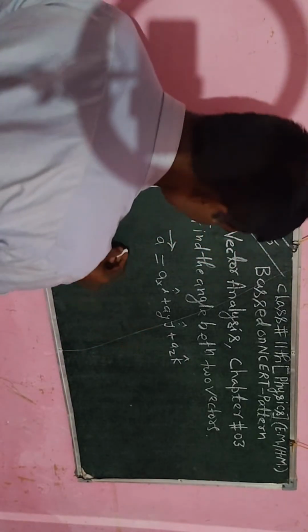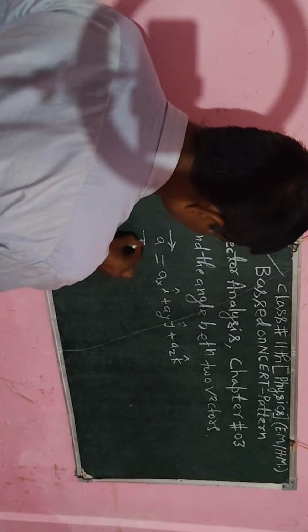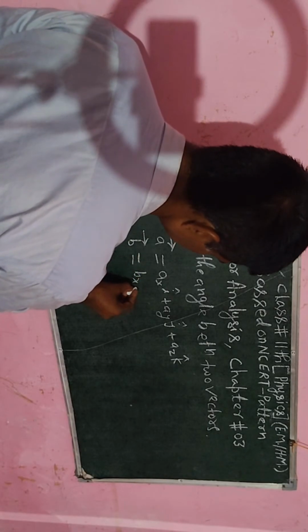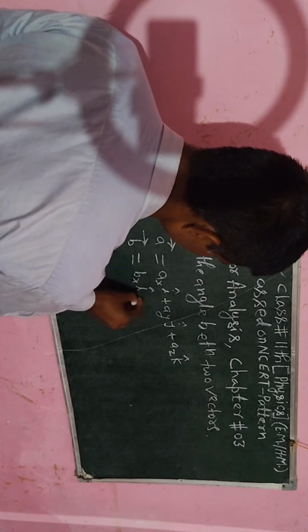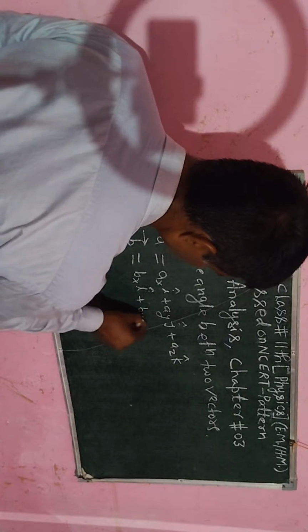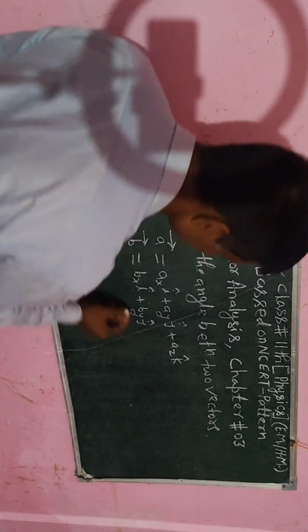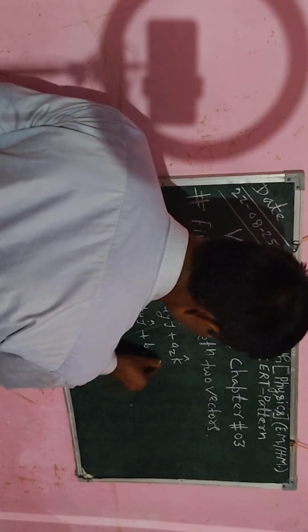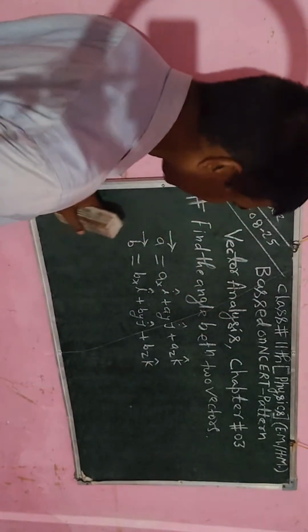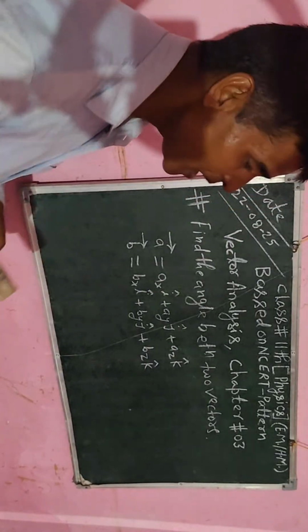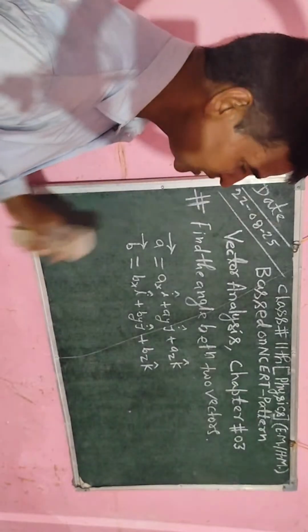Now another vector I am going to say is the vector B, which is written as Bx i cap plus By j cap plus Bz k cap. So I have written vector A and also vector B, and we have to get the angle between these two vectors.